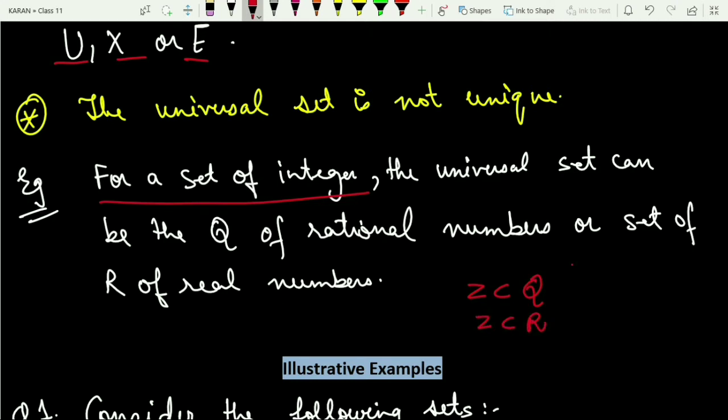So these can be called universal sets in reference to the given subset. Whenever you define the universal set, you will always consider a reference subset. For example, here the reference subset is Z. In case of Z, the universal set can be Q, it can be R, or it can be the complex numbers also. So can I make a remark that the universal set is not unique?